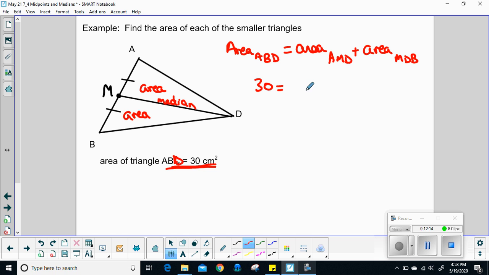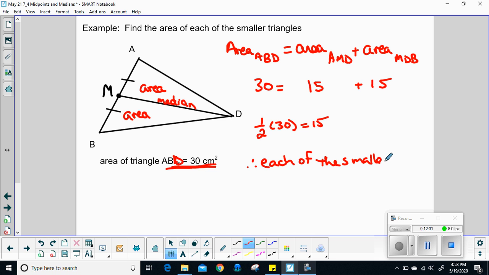So if this is 30, which is what the question is telling me, each of them gets half of it. Because remember, half of 30 is 15. Therefore, each of the smaller triangles has an area of 15 centimeters squared.